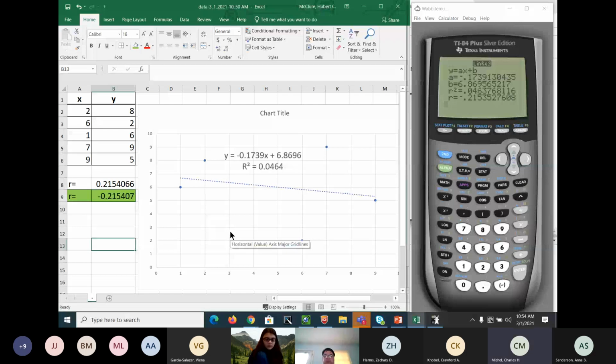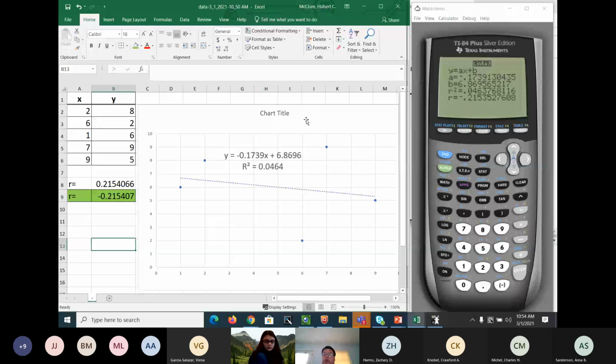The sign. That's right. If the slope is negative, R is going to be negative. If the slope is positive, R is going to be positive. And the calculator even does it for you. It says right here, R is negative. So that's what it says. All right. So what else?